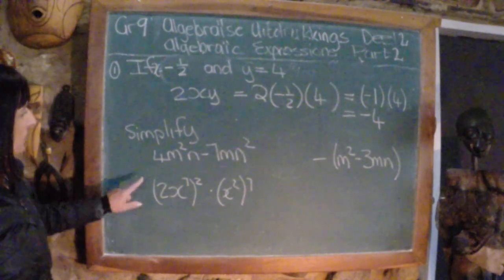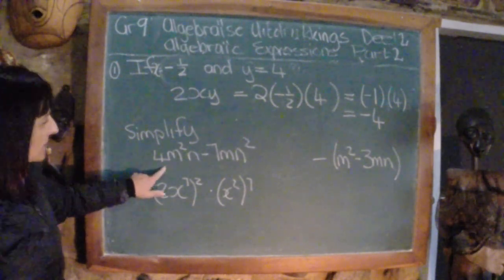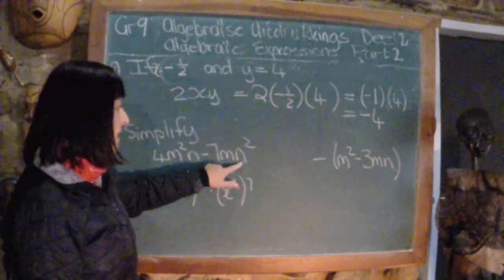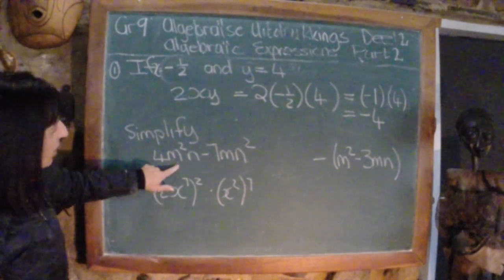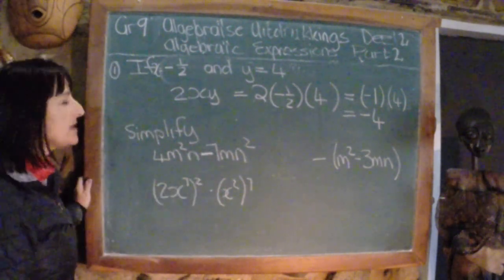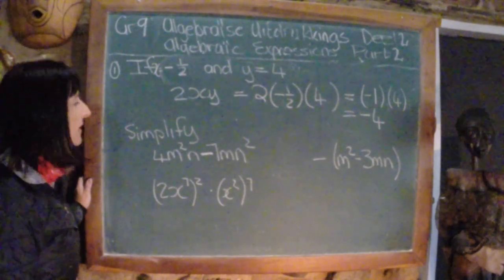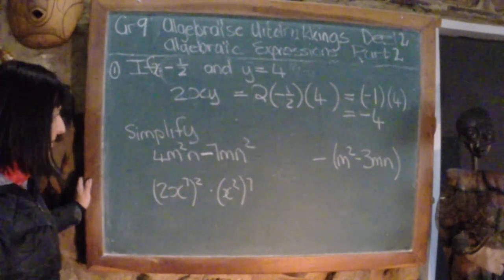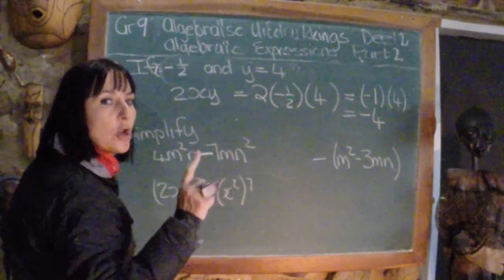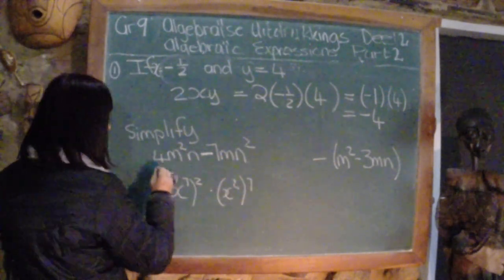Grade 9s, if we want to add things or subtract things, they must be exactly the same, like terms. So if you look at those 2 terms, they are not like. Why?